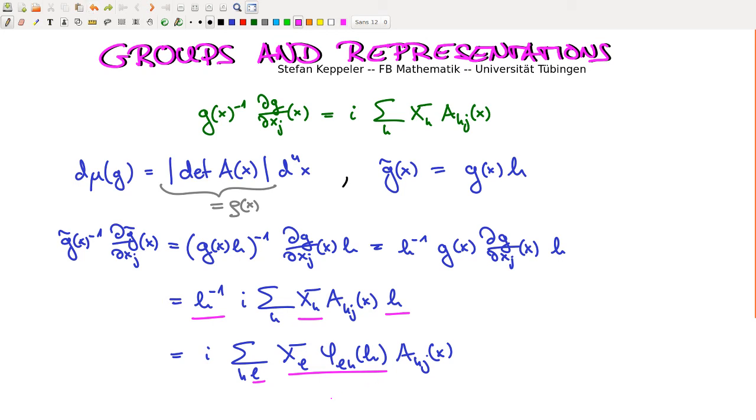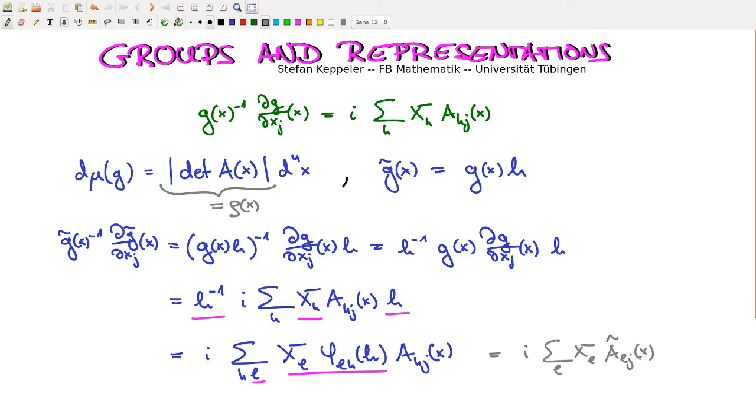Because here we have just a matrix product. So this is, if we expand here directly, we could also write this is I times sum over l, xl, and then let's say a tilde lj of x.